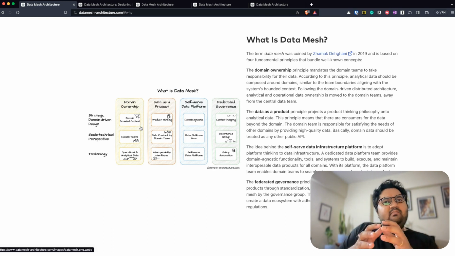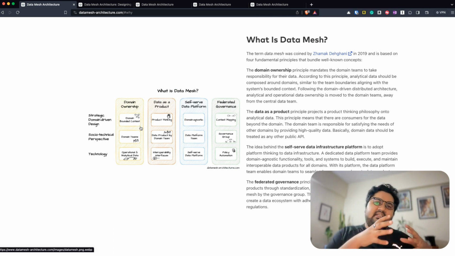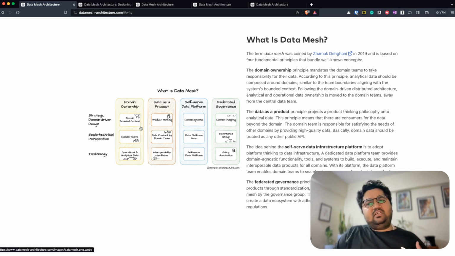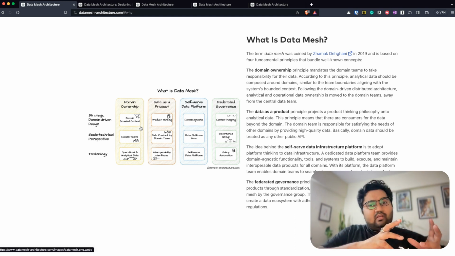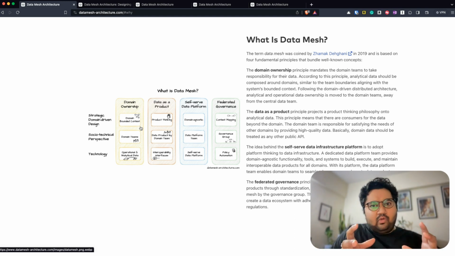While the domain team is responsible for satisfying the needs of other domains, the customers are effectively the ones asking the questions. These could be different teams who are trying to join with their data, derive insights, or do AI/ML on your data, and a lot of different stuff. The responsibility of these domain teams then becomes managing the data contracts and the APIs, and we'll talk about contracts in a moment. So that's what it is.